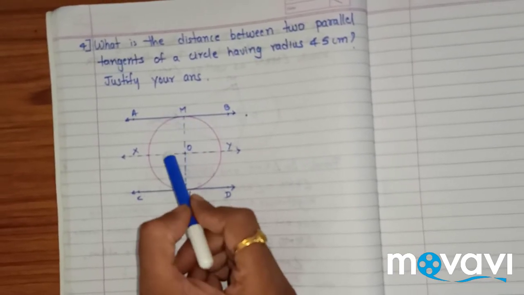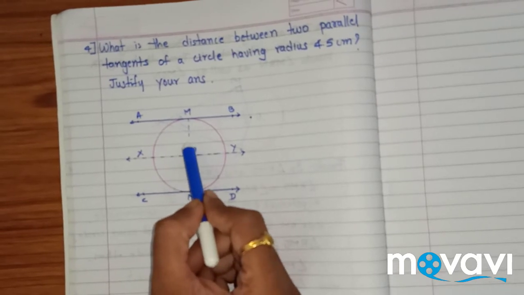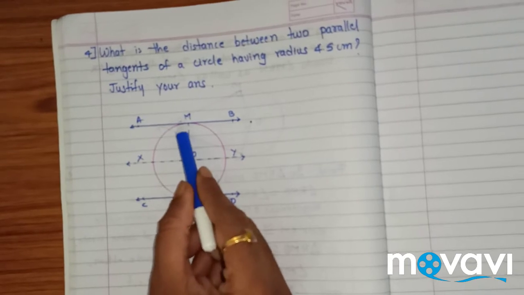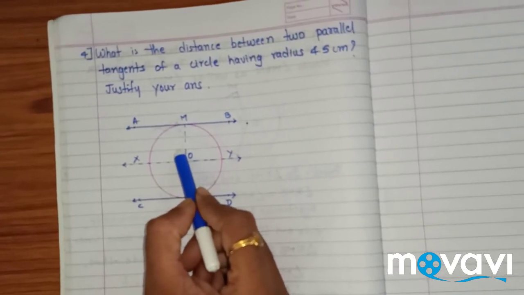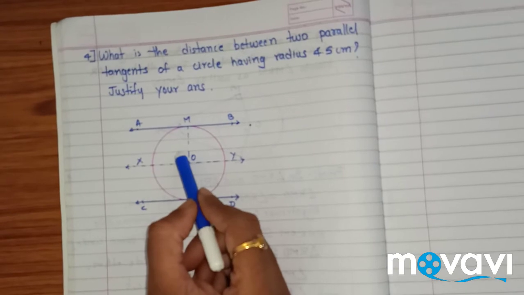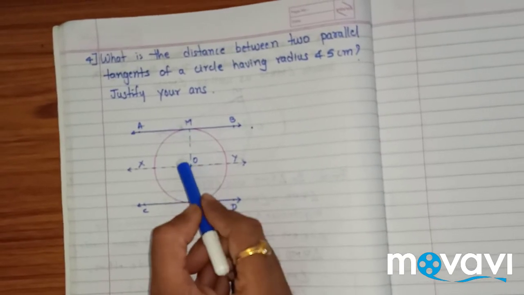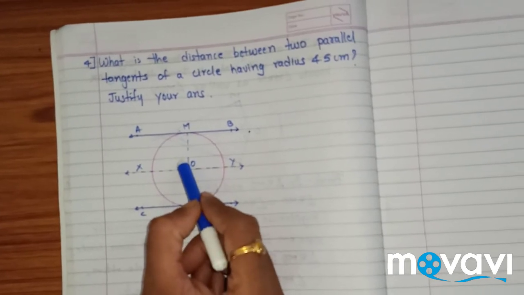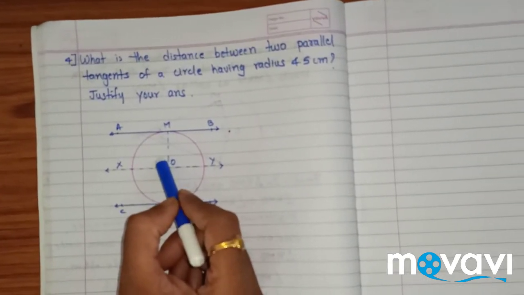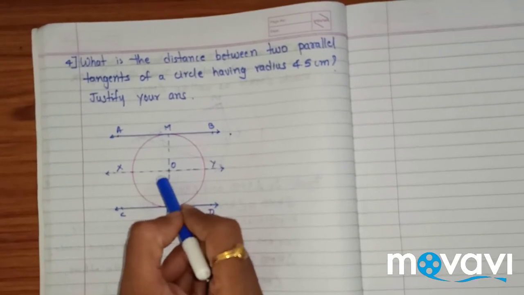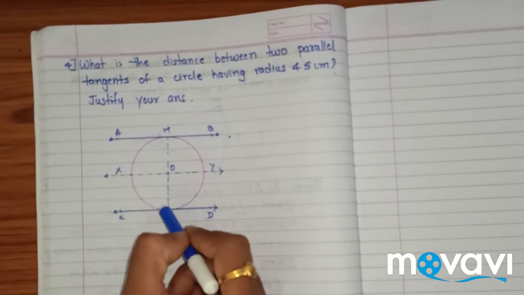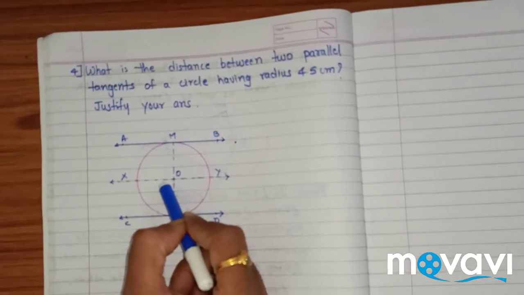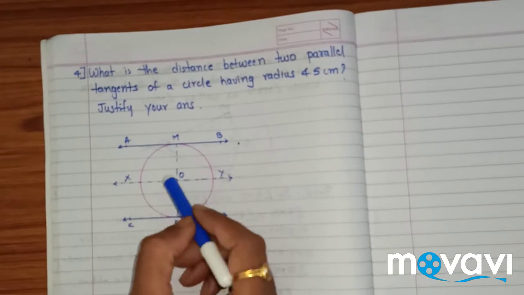This is parallel, this is parallel. So what am I supposed to say about this angle? These two are interior angles, and interior angles measure 180 degrees. This is 90, so this is also 90. Now angle XON is the adjacent angle, so this becomes 90.